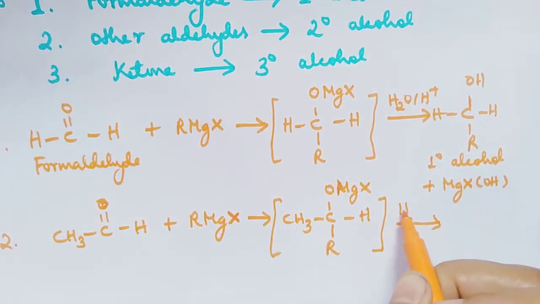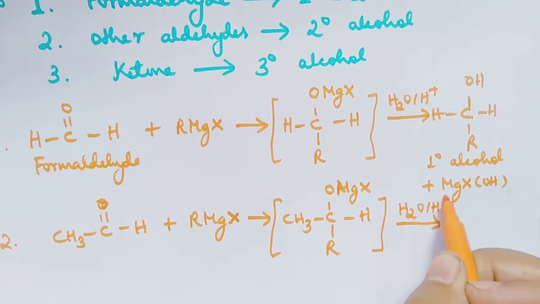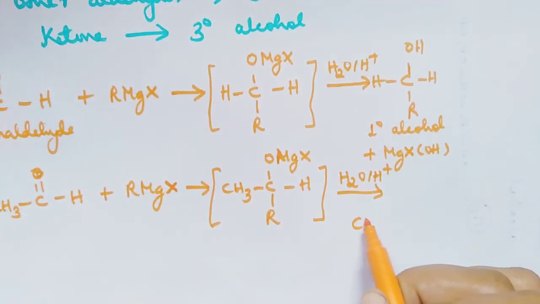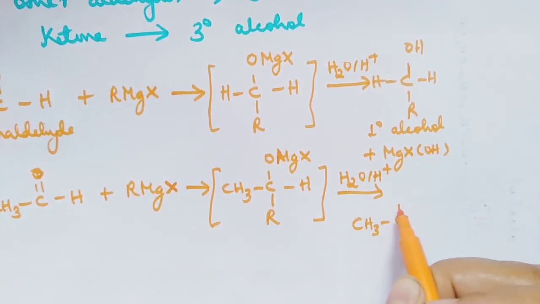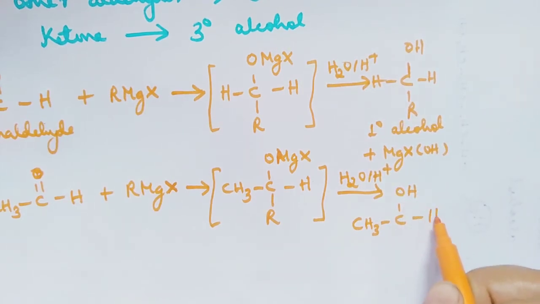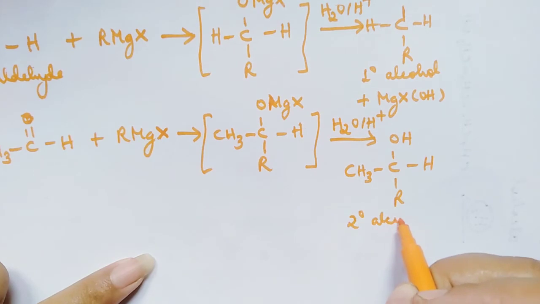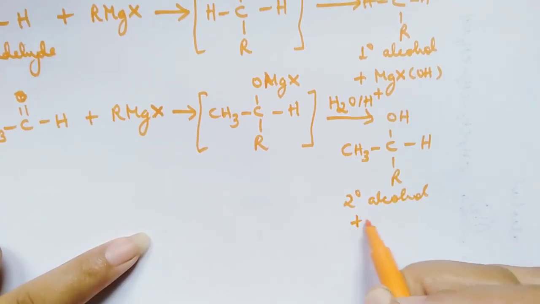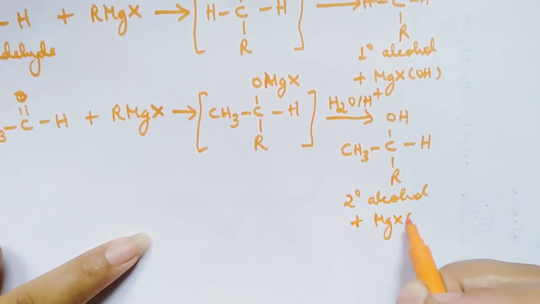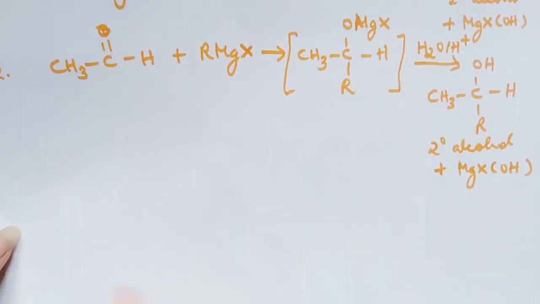Now hydrolyze with dilute acid, and then we have CH3, C, OH, H, and then R. This is a secondary alcohol, plus MgXOH.